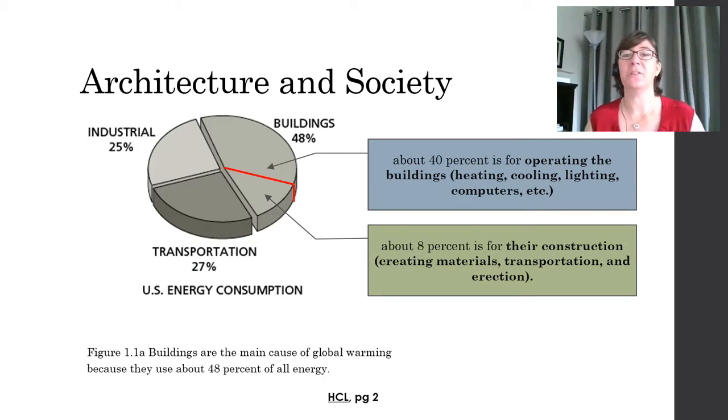But anyway, about 40% of that 48% is for operating the buildings, heating, cooling, lighting. That's what we're studying in this course. About 8% of that 48% of all energy use is for constructing the buildings, the materials, the transportation, the erection of the buildings.